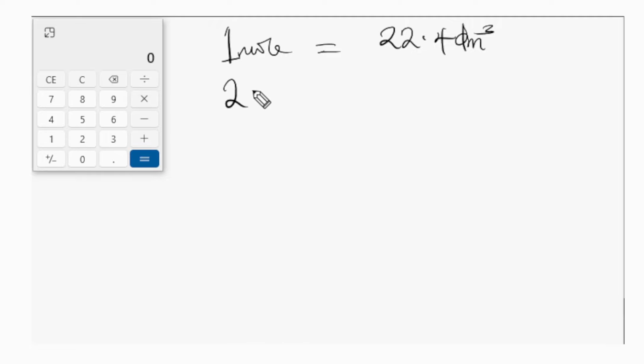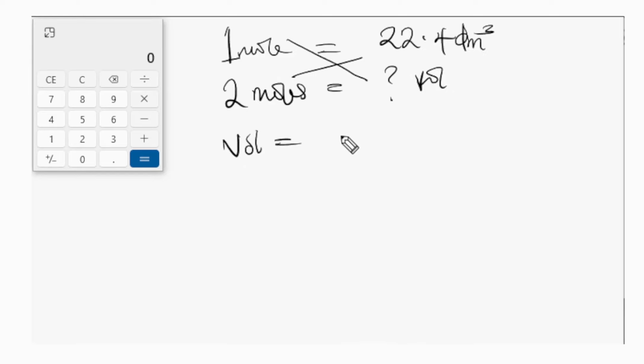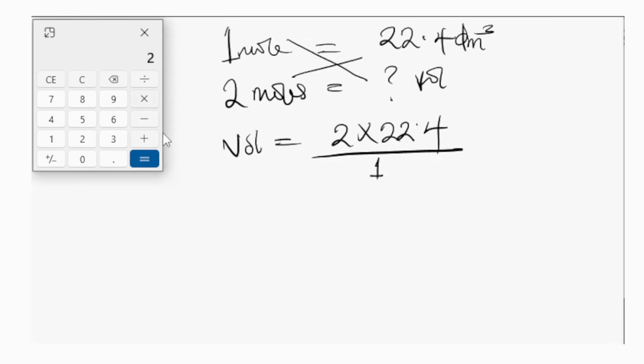So 2 moles will be, we have to cross this out. So this is the volume. So the volume here will be 2 times 22.4 over 1. So guys, let's go ahead and calculate this.